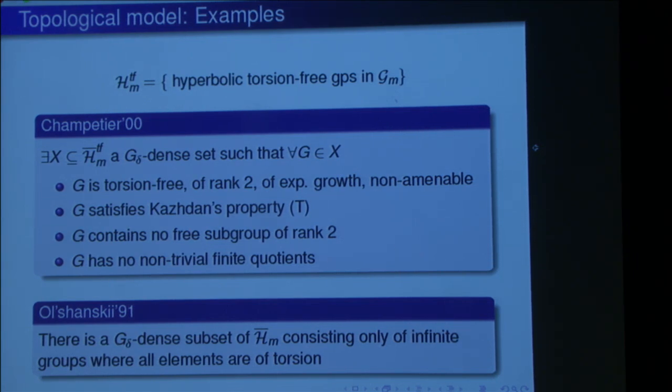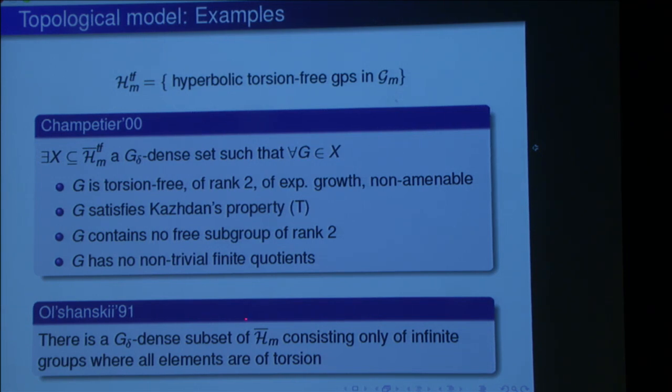You see, it gives immediately very strange groups, not hyperbolic at all, but they are in the limit, in the closure of hyperbolic groups. Okay? And these groups are not finitely presented, but they have very interesting properties, and this was the way to prove the existence of this kind of groups.